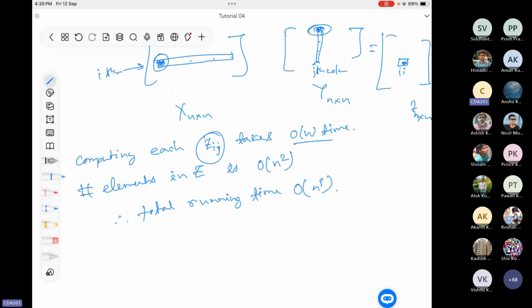We have just done one application of divide and conquer. So can you think of a similar type of division in this case, so that we can break this problem into smaller subproblems and find the solution for it?